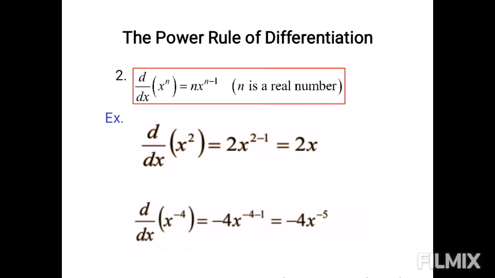When we find the derivative of x raised to negative 4, we use the exponent negative 4 to multiply to our base x, and then subtract 1 from negative 4. That's why the derivative of this function will be negative 4x raised to negative 5.